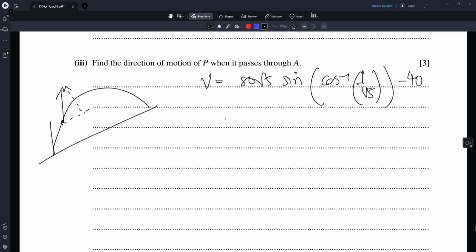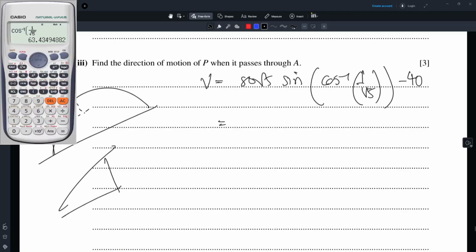Okay, I'm just going to use my calculator. We get 20 root 5 times sine cos inverse 1 by root 5, minus 40, which is 0.